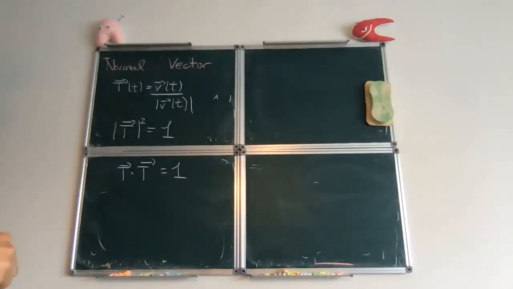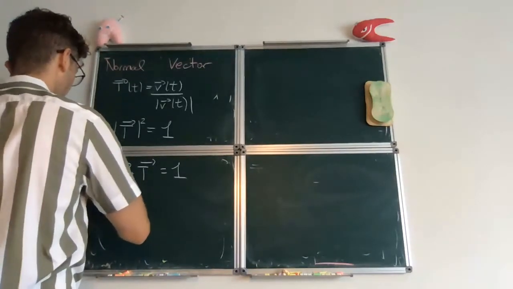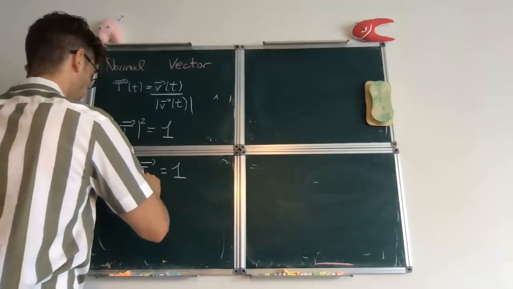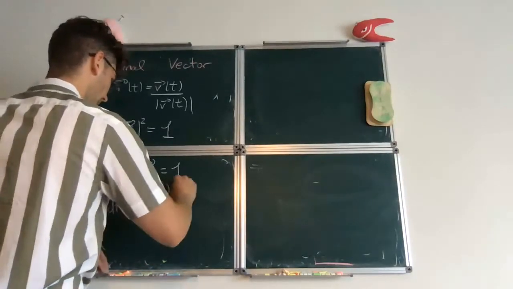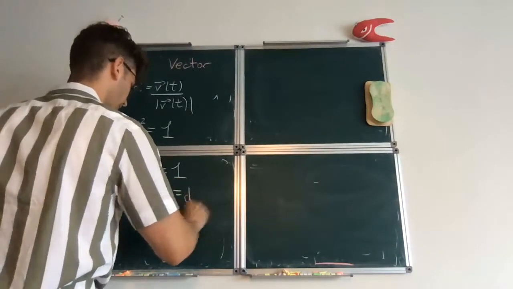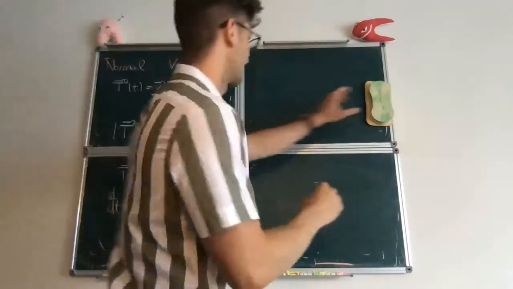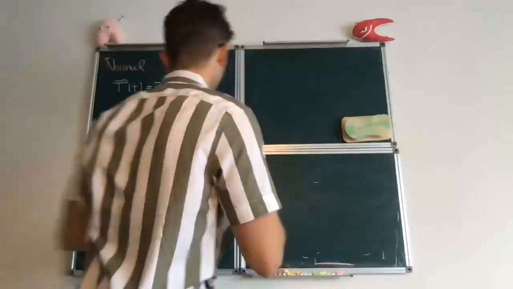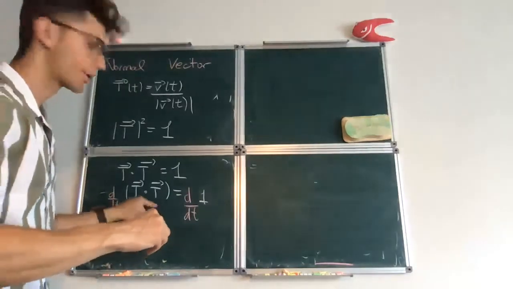Okay? And so you can differentiate both sides of the equation with respect to time. Sorry, I'm getting ahead of myself. This is going to be 0, but not yet. So you get 1 here, but now you apply the product rule to this.